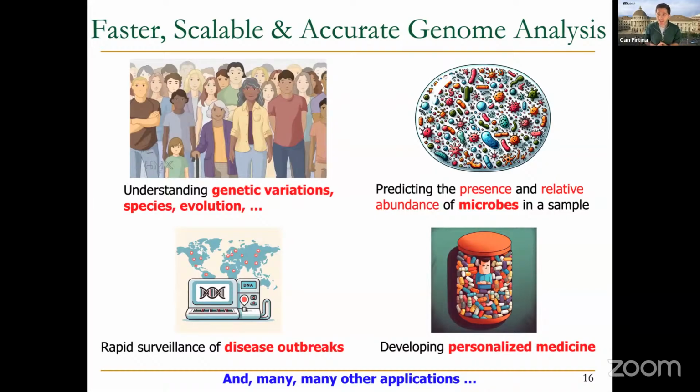Again, this becomes very important for the rapid surveillance of disease outbreaks. We already had a very recent COVID outbreak, so if we could have rapid surveillance everywhere on Earth and analyze it very quickly, we could perhaps see very early that something harmful is going on, and so that we can take very early action based on that.